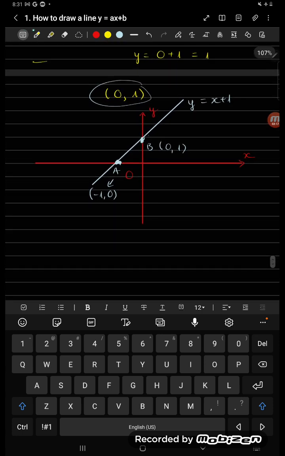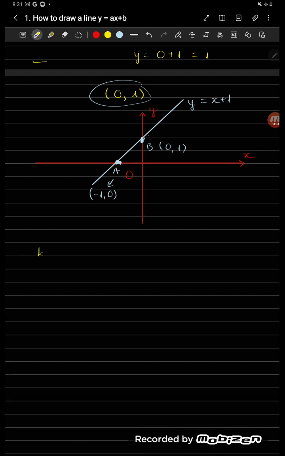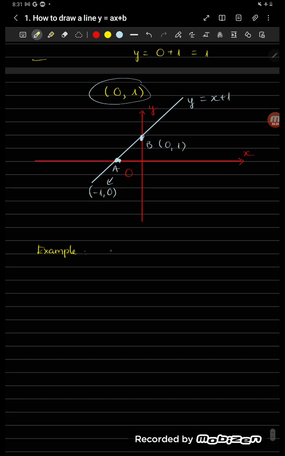Okay, let's say for example we have y equal to 2x subtract 3.